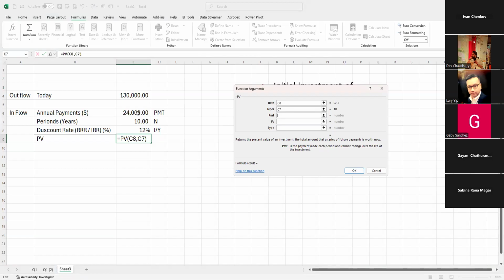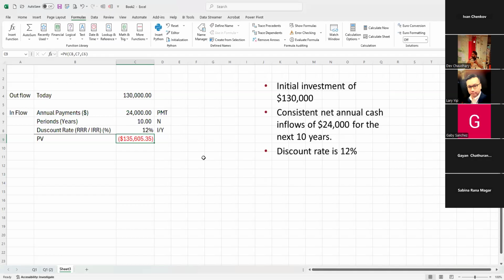That payment is $24,000. Is there any future value that's going to come? In this case, there's nothing, because the salvage value, if you remember, was 0. For the type, we're getting the cash at the end of the period, so we're not going to enter anything here. And once we click, we're going to get the present value of this amount.